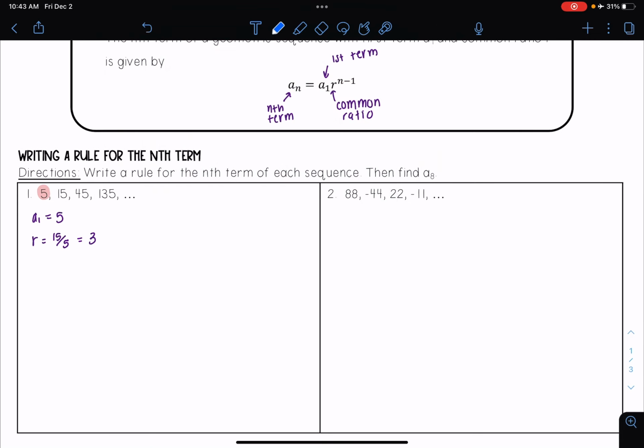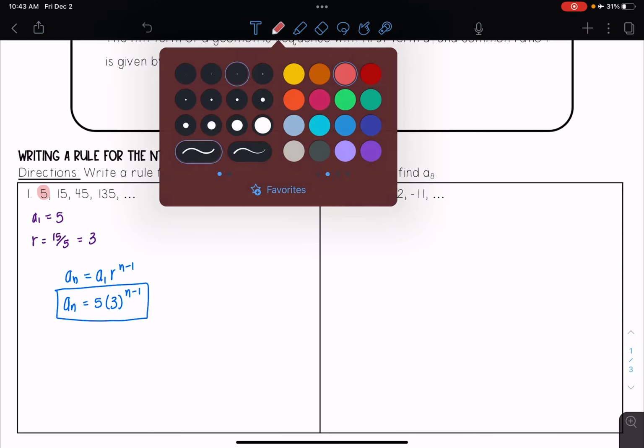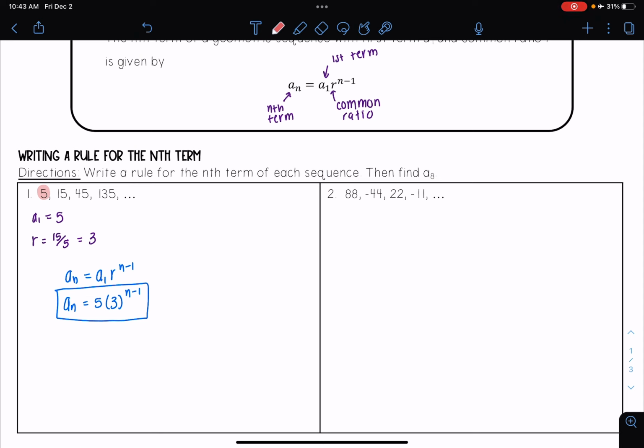And so now I can plug those into my rule. I have an is equal to a1 r to the n minus 1. Well, a1 is 5, so I have 5, and r is 3 to the n minus 1. That would be the rule for the nth term of the sequence. Then last it asks us to find a8, so it's asking us to find the 8th term of the sequence.